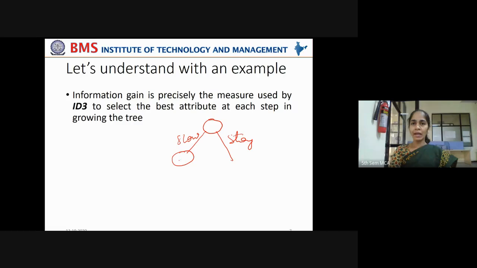Among the other 3 attributes, the one for which the information gain is high will be taken as the condition here. Again, you proceed with the labels of that particular attribute. If it is able to classify properly, that will be the leaf node. If it is still not able to classify purely, it has to proceed with another condition, right? This is how the decision tree is built iteratively by the ID3 algorithm.